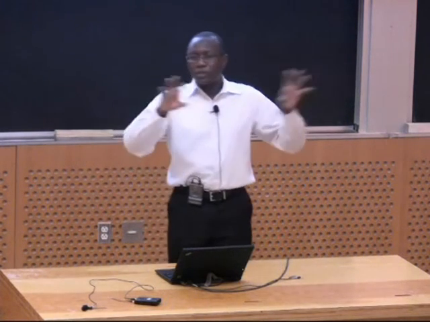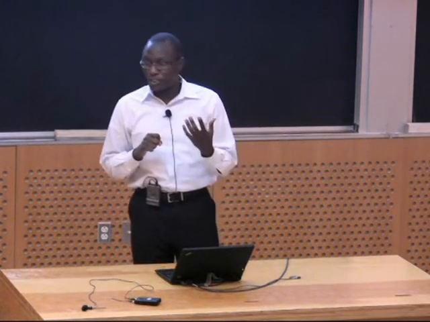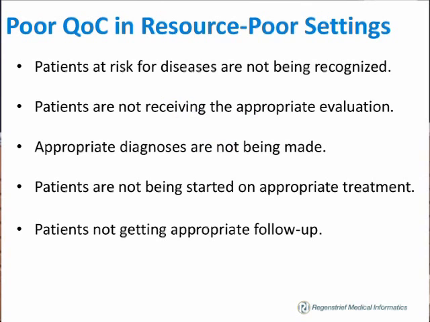So given those three definitions, you end up saying, well, let's make some statements and ask some questions, right? So I think most people in this group would agree that maybe we have poor quality of care in resource-limited settings. You can say, well, patients at risk for diseases are not recognized.